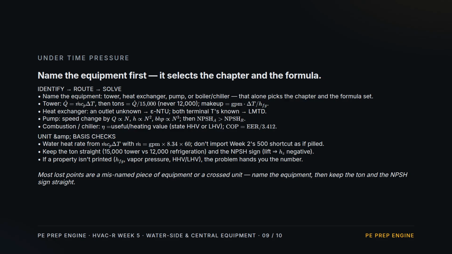For a pump, scale by the affinity laws, then check that suction head available beats required. For combustion or a chiller, useful heat over heating value, or EER divided by 3.412. Keep the units the formulas expect, and if a property isn't printed, the problem gives you the number.